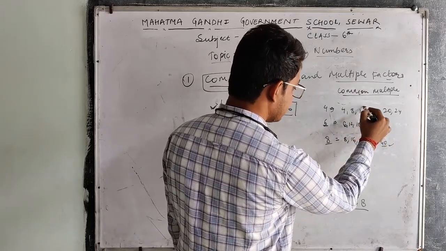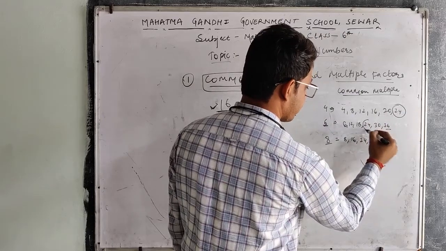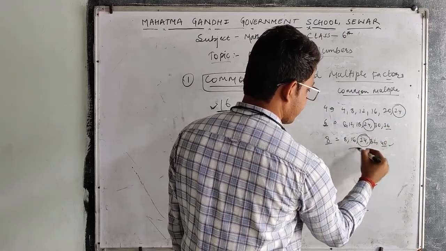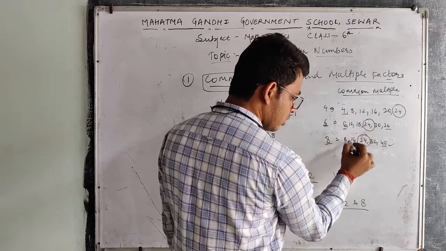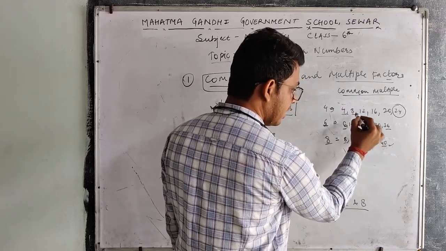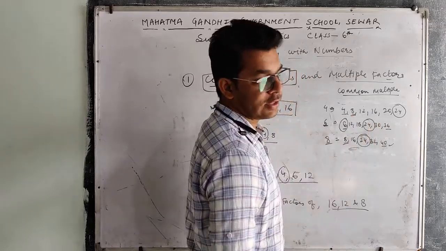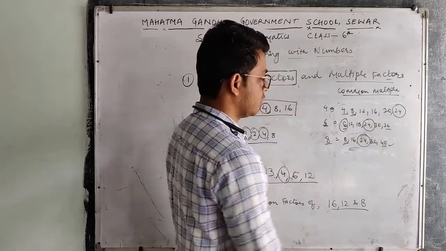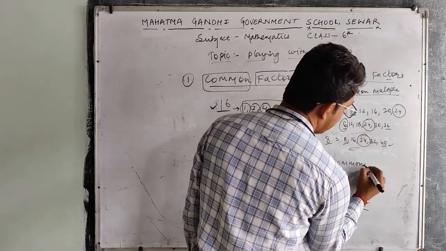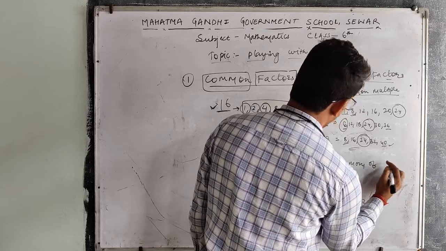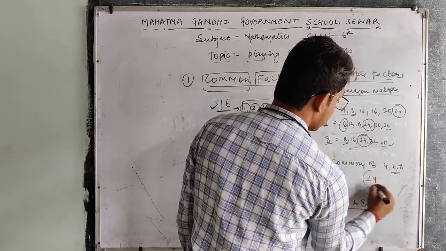That is 24. 4 is here but not here. 8 is present here and here but not in the table of 6. So what will be the common multiple? The common multiple of 4, 6 and 8 is 24.